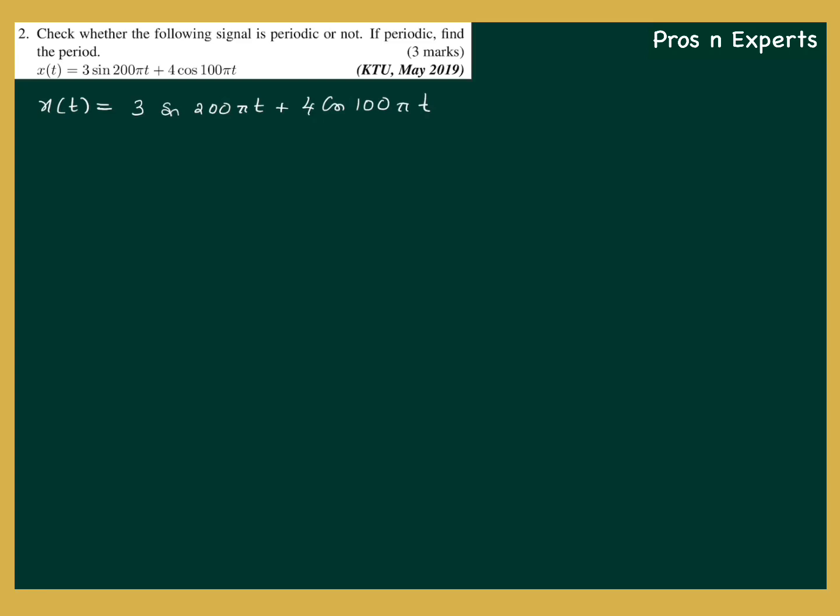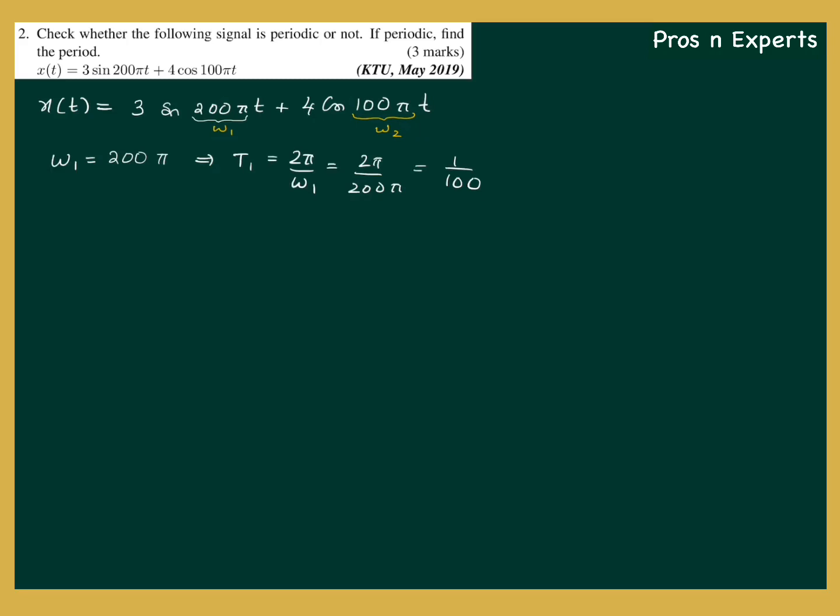So here is the procedure. First, take the first term. Let the coefficient of t in the first term be omega 1. So omega 1 is 200 pi. And the coefficient of t in the second cosine term be omega 2. So omega 2 is 100 pi. From omega 1, we can write T1 as 2 pi by omega 1, which is 2 pi by 200 pi, which is 1 by 100.